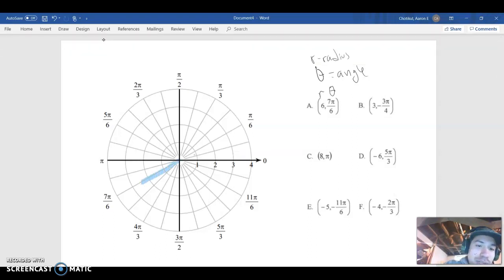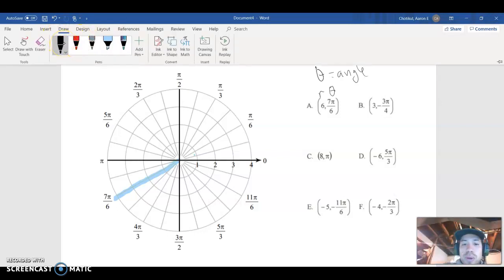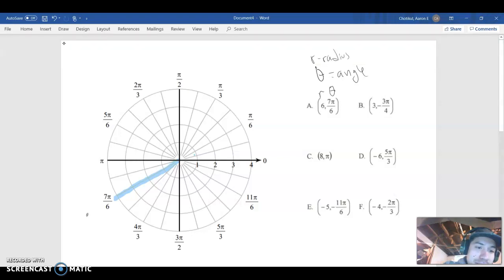Here's theta as 7π/6. Since we are asked to plot the point 6, we need to count out 6 spaces: 1, 2, 3, 4, 5, 6. You'll notice we're going to be right around there. I know that's off the grid, but you get the idea.